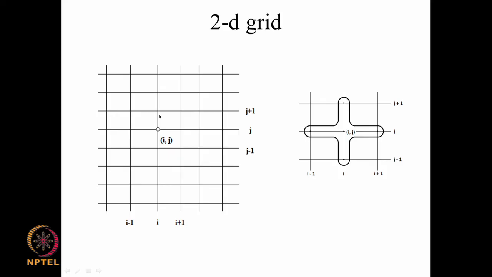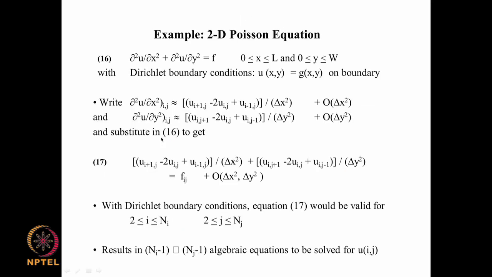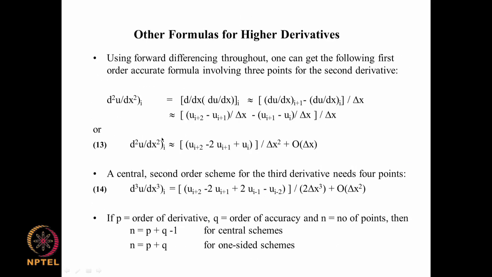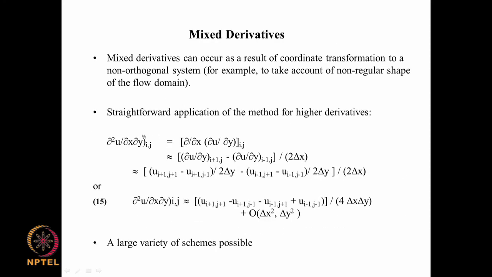If it is dou square u by dou y square, immediate neighbors to the top and bottom will be coming here. So, there is a difference in terms of what neighboring molecules we introduce to come up with a corresponding evaluation approximation for a derivative.